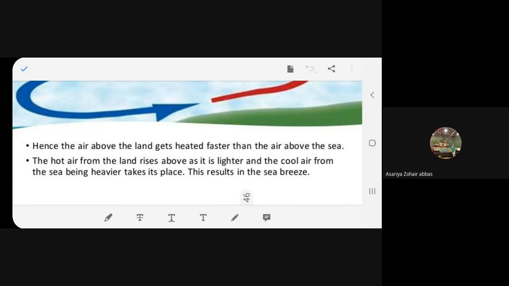We know that already. So what happens? The hot air from the land rises up because it is lighter, and the cool air from the sea rushes to take its place, and the breeze, the movement of the air starts. The movement of air is called as breeze, but the breeze is coming from the sea, so it is called as sea breeze. Any problem?